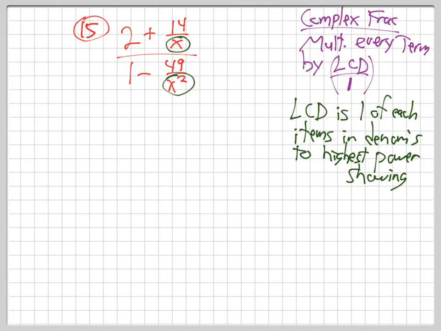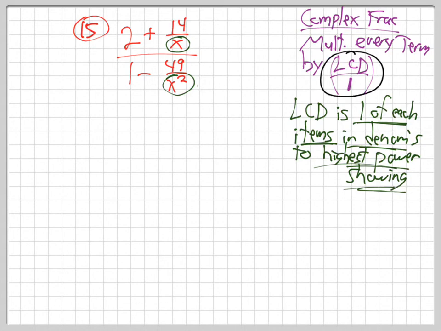What is it? Well, it's one of each of the items, but to the highest power. So it's x squared. You're just going to take the higher power. X squared. That's correct.